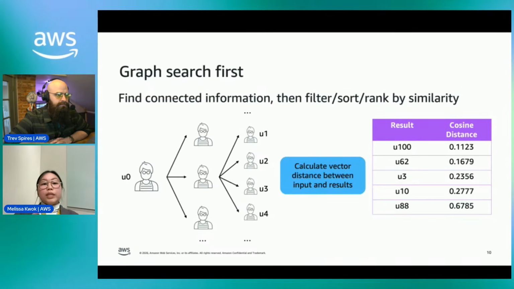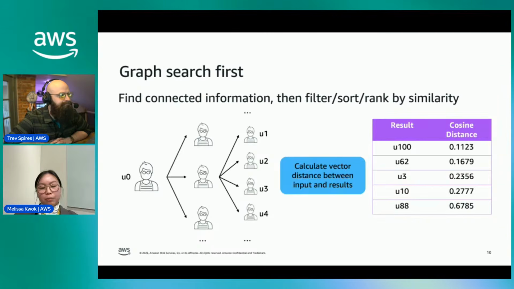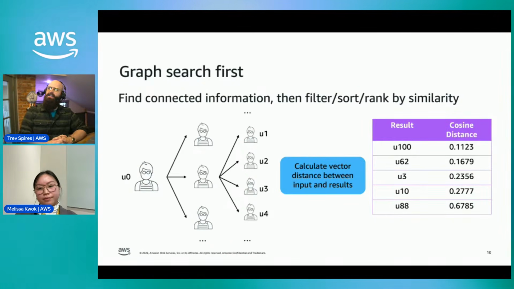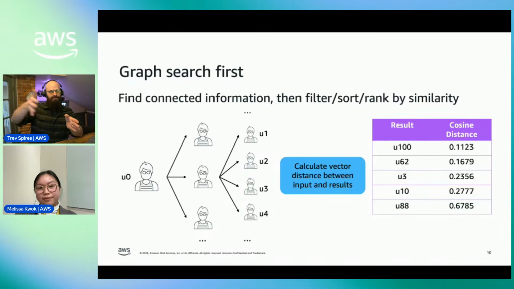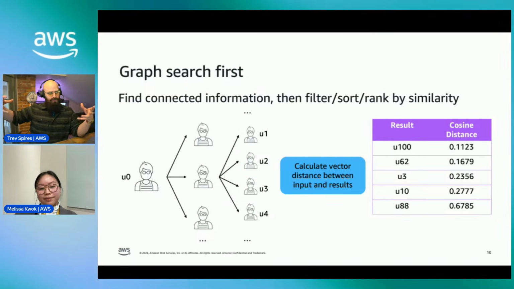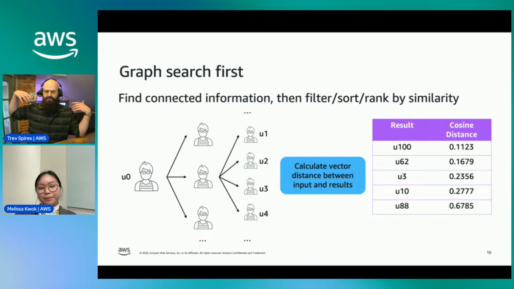And so we can use the vector search to add and enrich a little bit of additional information in order to help us filter, sort, and rank results that we yield from our graph search. Got it. So if I could summarize that, this makes sense because once you have two or three relationships removed in a graph, you might have thousands or tens of thousands or more results.